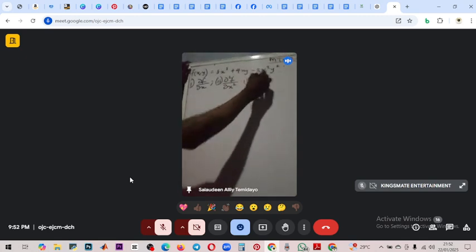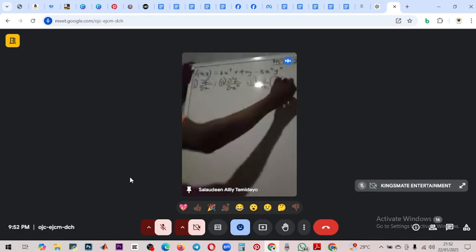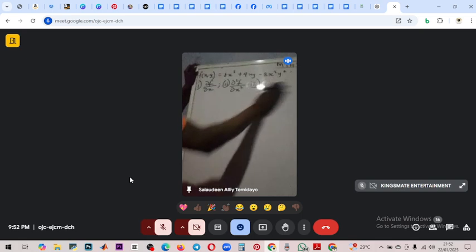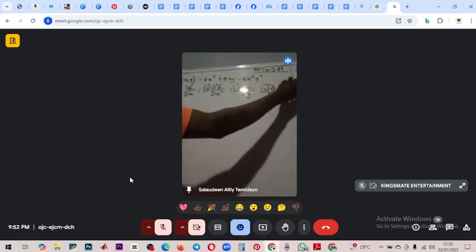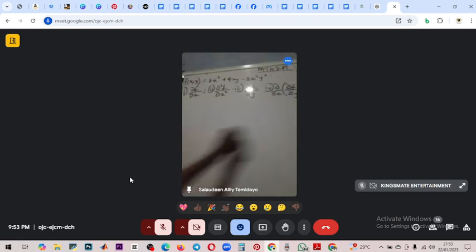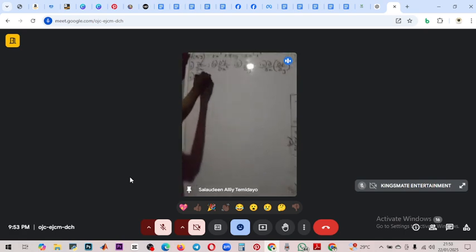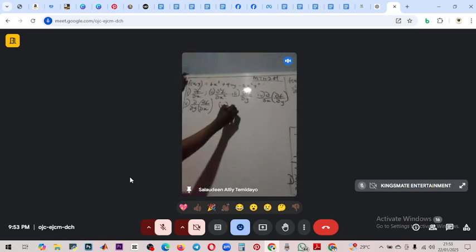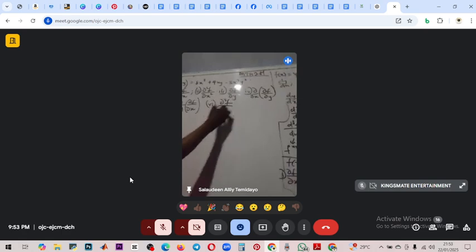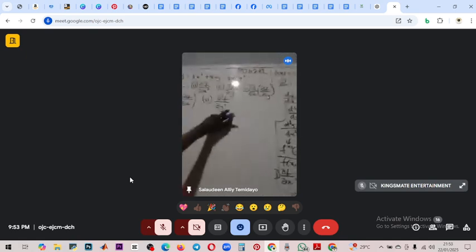The third problem is to find d dx of df dy. And the fourth one should be d dy of df dx. The fifth one is d dy of df dy. The sixth one should then be d squared f dy squared.